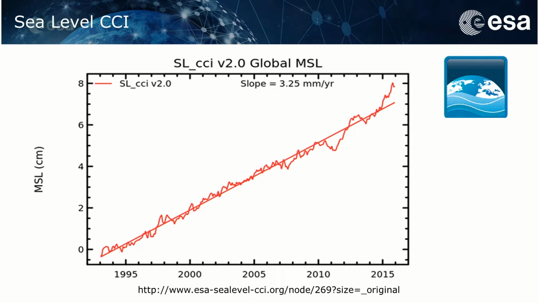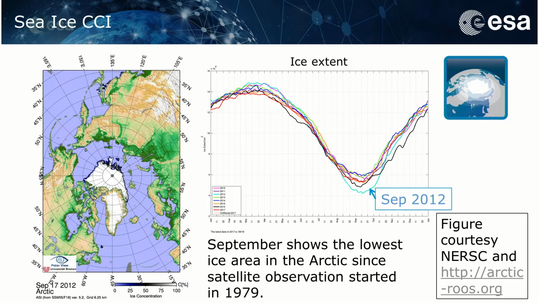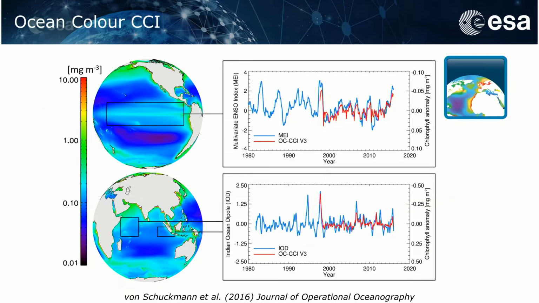And this is down to various components that make up the sea level, which you've been learning about earlier this week, that relate to the hydrological cycle, thermal expansion of the oceans, and so on and so forth. And there's the sea ice CCI, which has been monitoring sea ice and has also been showing changes in sea ice at the poles. So, ocean colour.